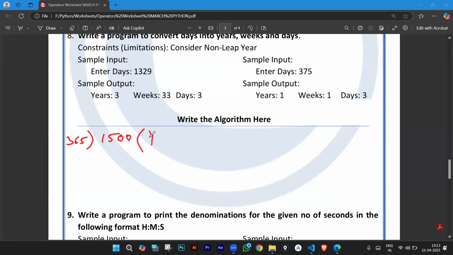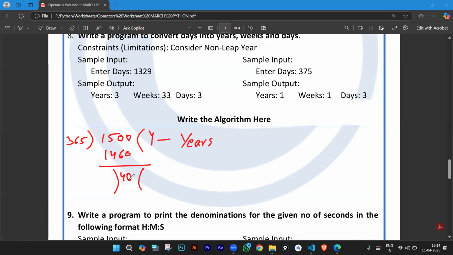Tell me the number. Okay, 1460. Done. So what's the remaining we have? 40. These are the remaining days after converting it into years. So we got 4 years.